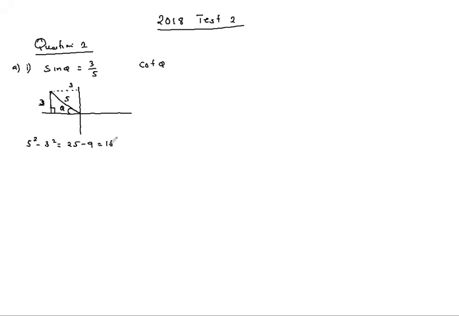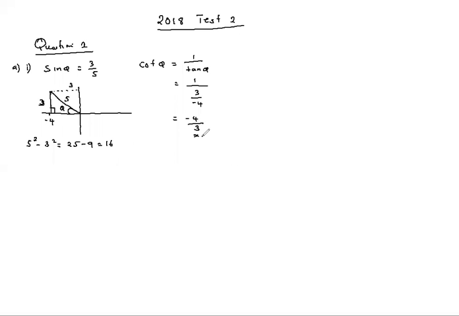So the square root will be 4, and it must be -4 because it's on the left side of the x-axis. And cot theta is 1/tan theta, whereas tan theta is opposite over adjacent, 3/-4, which is -4/3. So we have found cot theta.